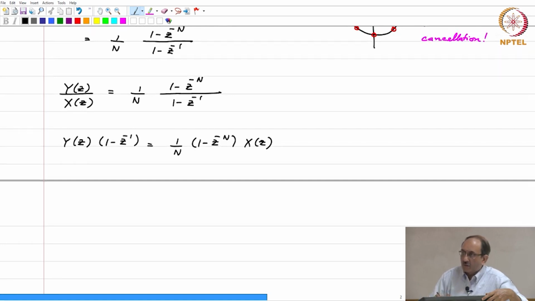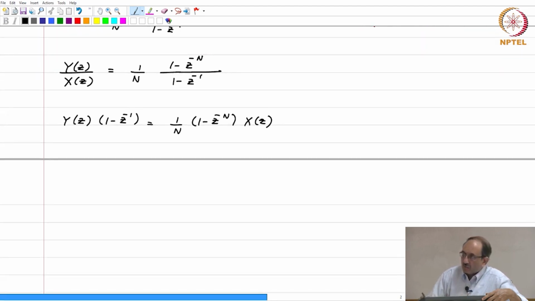After we are done with this, we are going to look at properties of the Z transform, and after linearity, the second property we are going to look at is the delay property. I will make use of that property now and write this in the time domain, and very soon you will be able to see why this is indeed true.